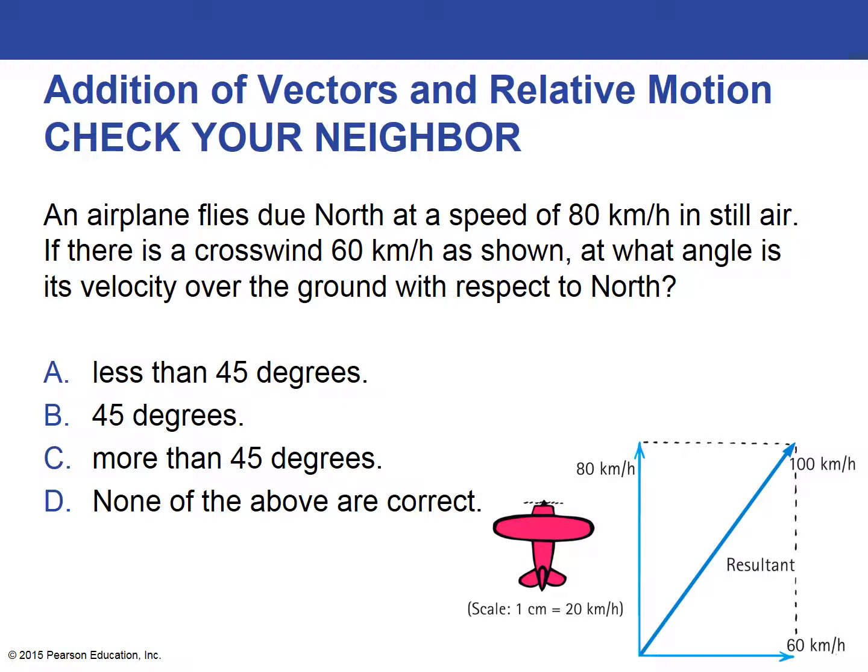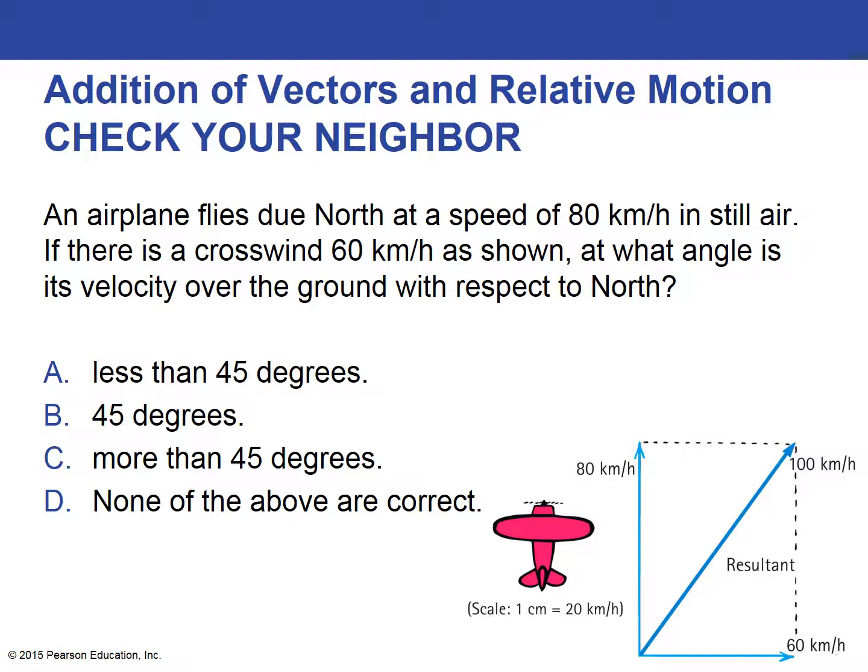So the way that we find out the velocity or the speed of the airplane over the ground, as well as the angle, is to do a vectorial addition of velocities.